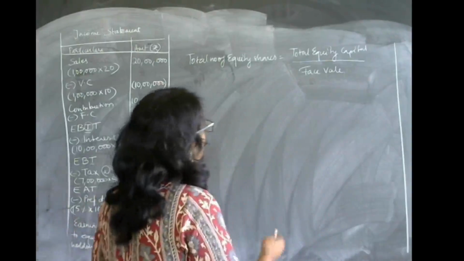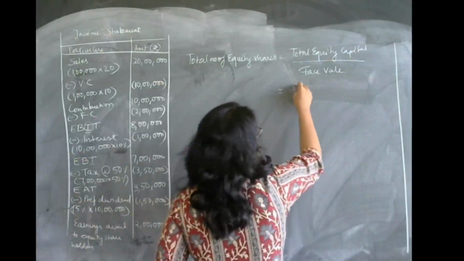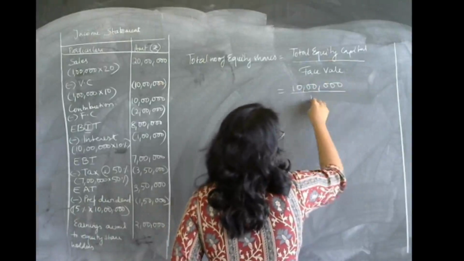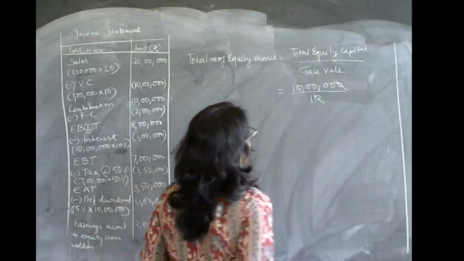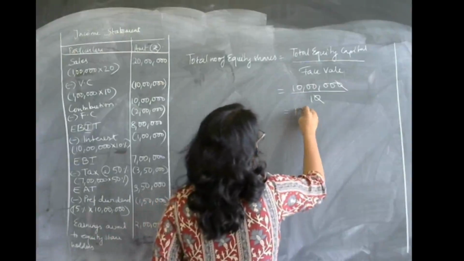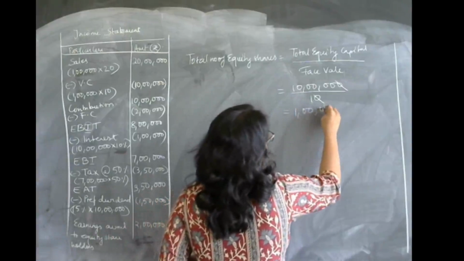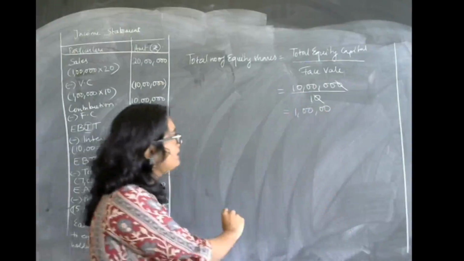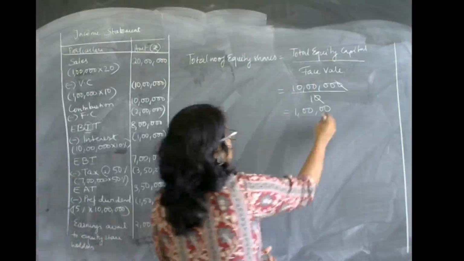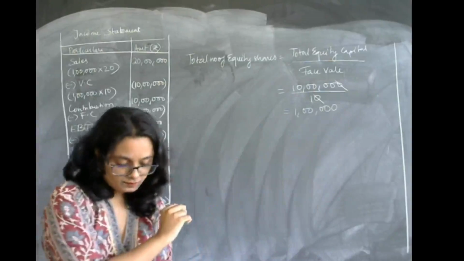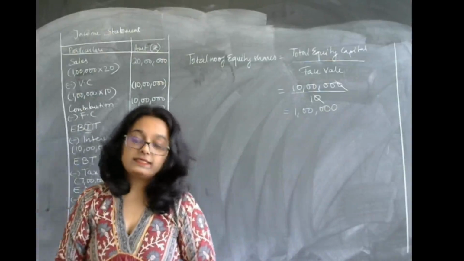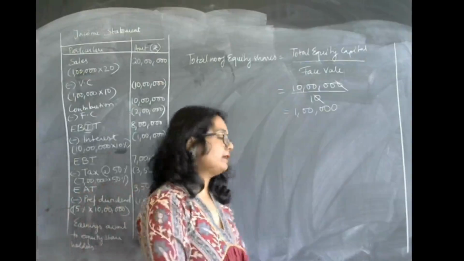Right. So total equity capital is how much? It is 10 lakh. And the face value is how much? It is 10. So total number of shares, how much is it? It's coming to 1 lakh, right? So it is coming to 1 lakh. Now we can determine the earnings per share, right?